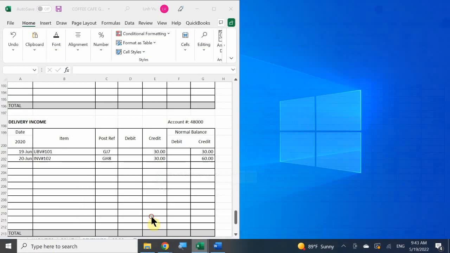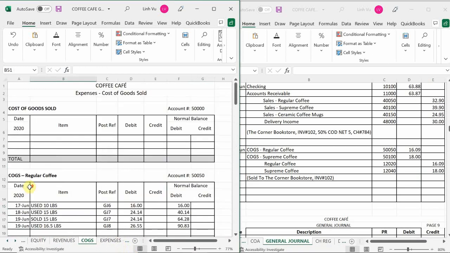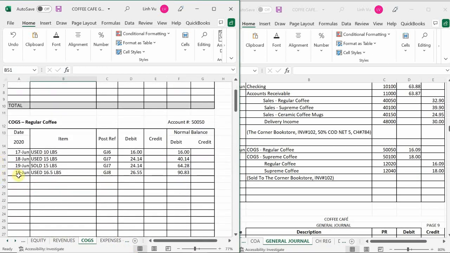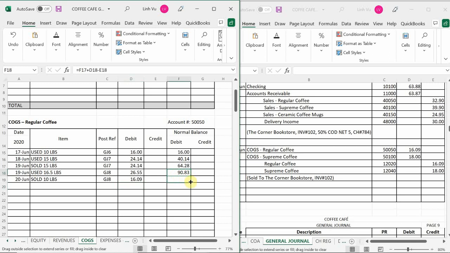Okay. So, cost of goods sold. We sold 10 pounds for $16.09. Gave me an account balance of $106.92.